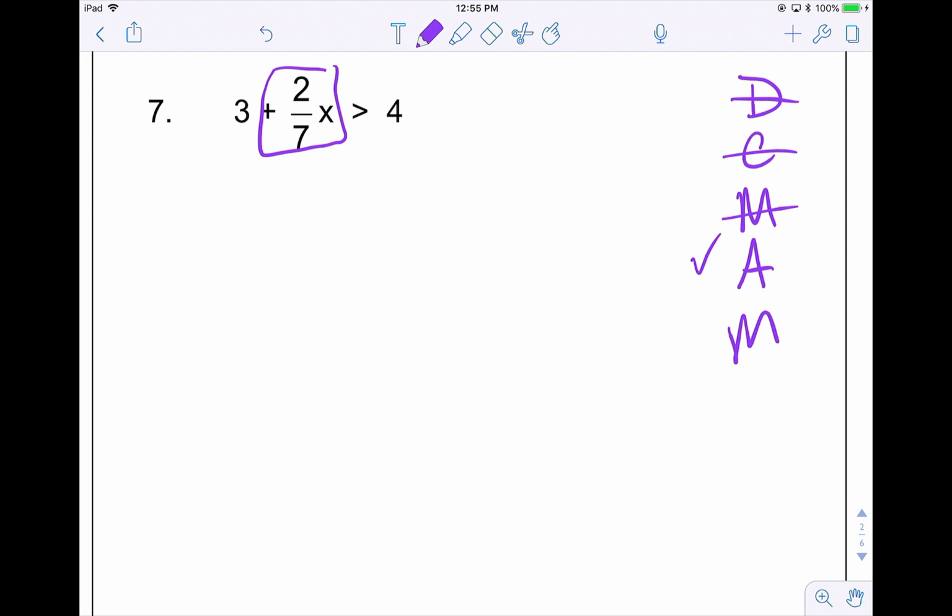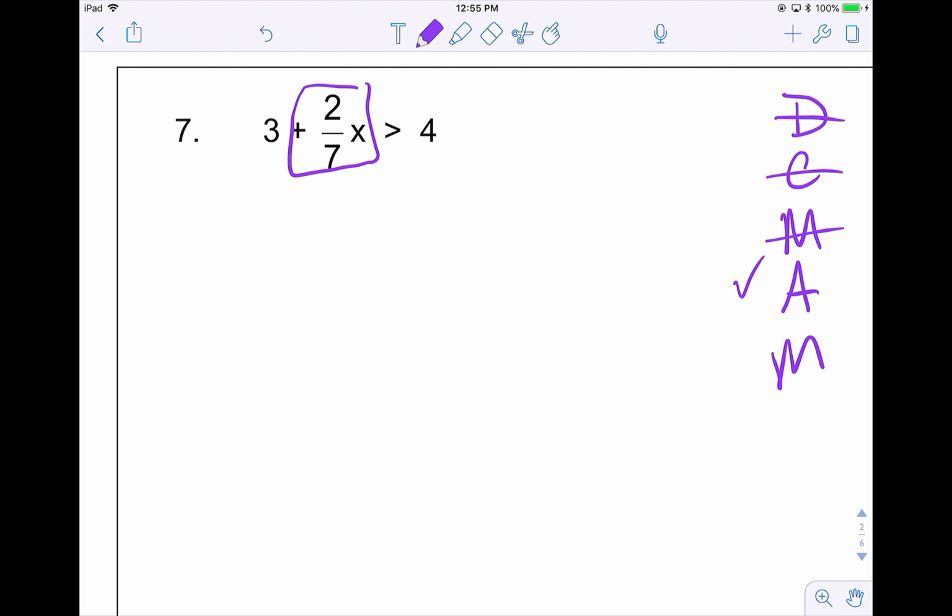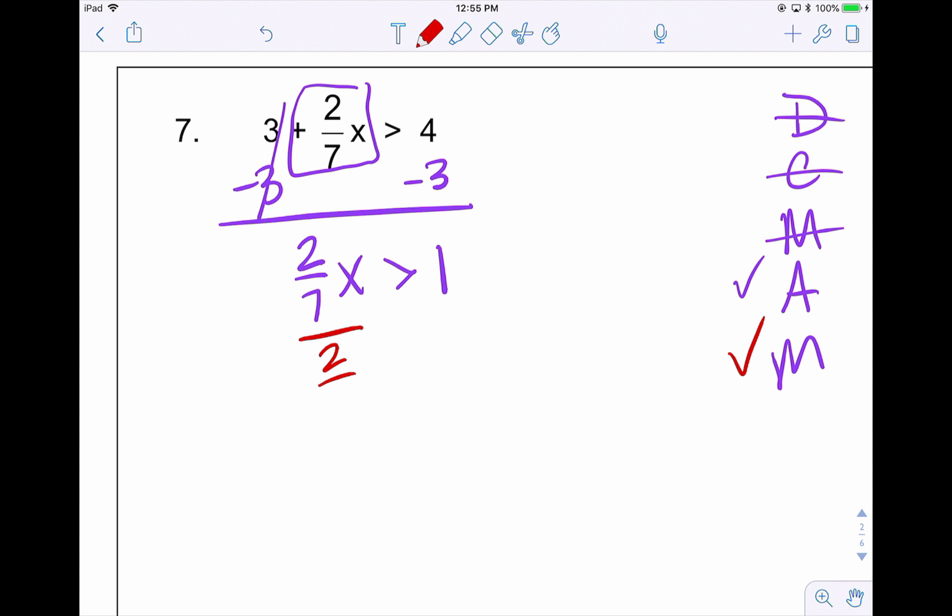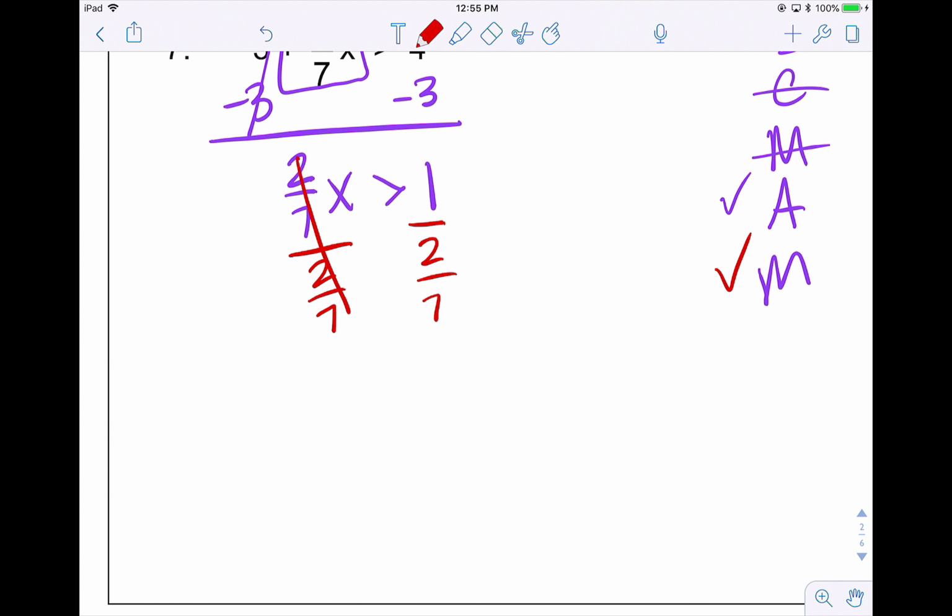I do have a number outside of my box to move by adding or subtracting. So 3 is positive, so I'm going to subtract it from both sides. So 2 over 7x is greater than 4 minus 3, which is 1. My last step is to multiply or divide, so I multiply by 2/7 on both sides.